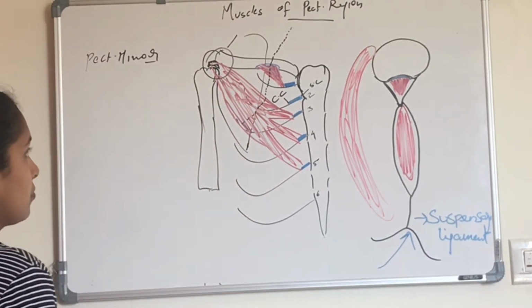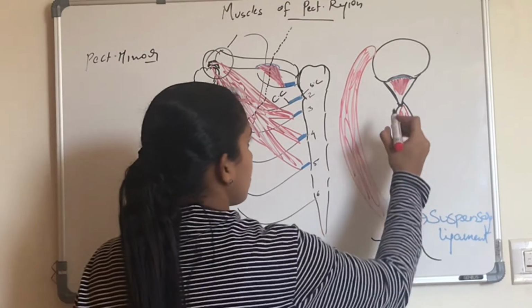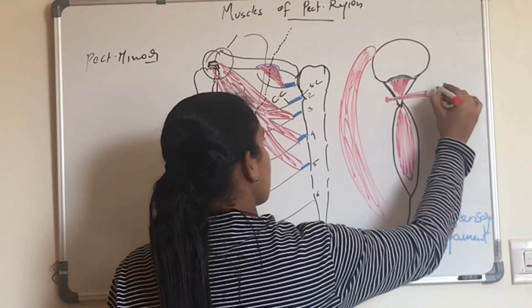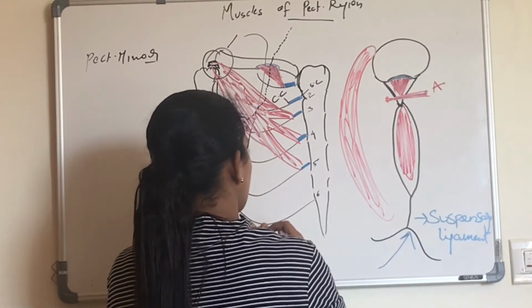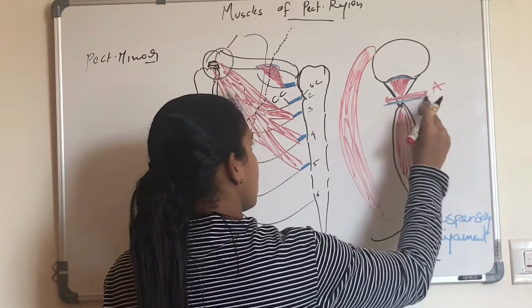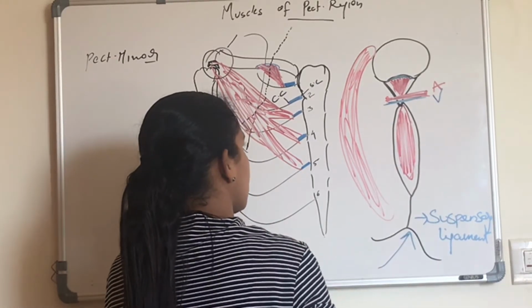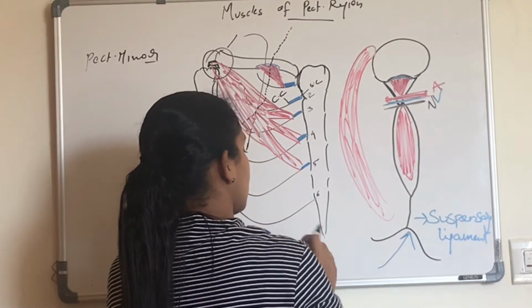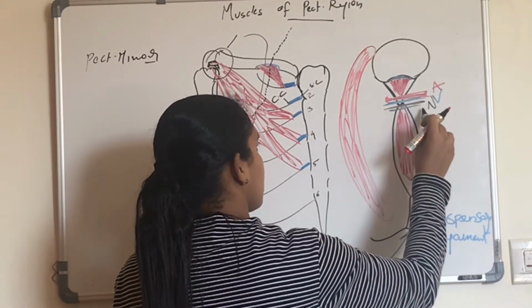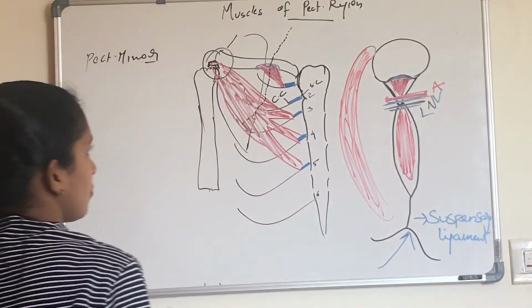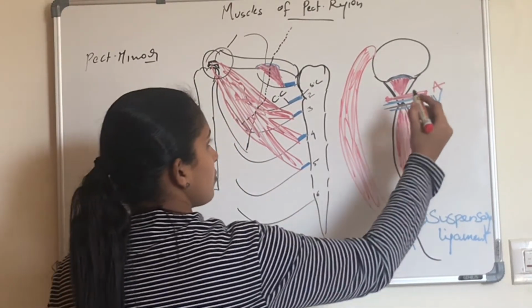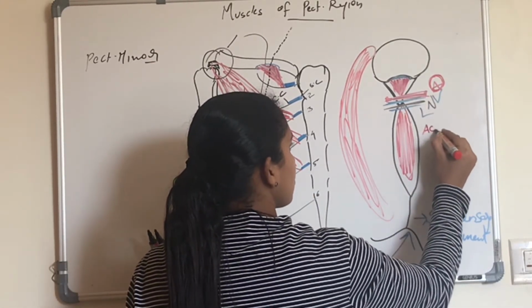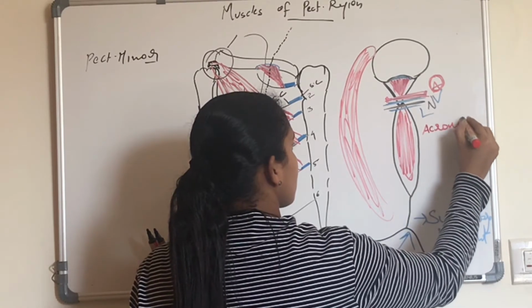What else we should know about clavipectoral fascia? Yes, structures piercing the clavipectoral fascia. Just remember we have an artery, then we have a vein, then we have nerve, and finally lymphatics. Yes, it is easy to remember. Now what is the artery? It is acromiothoracic vessels.